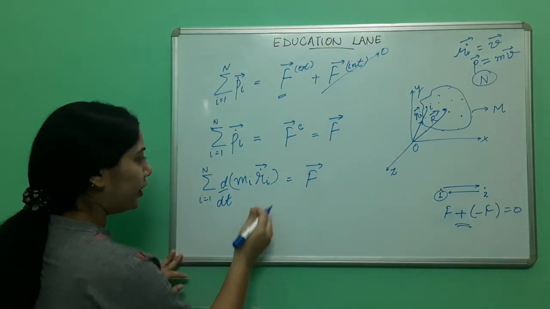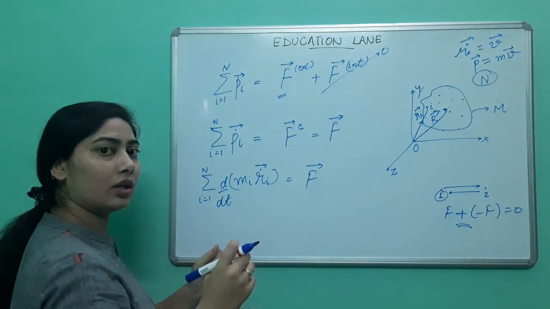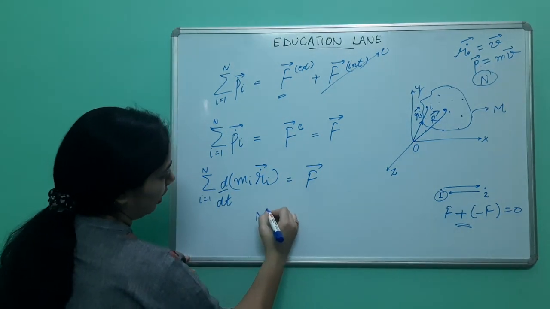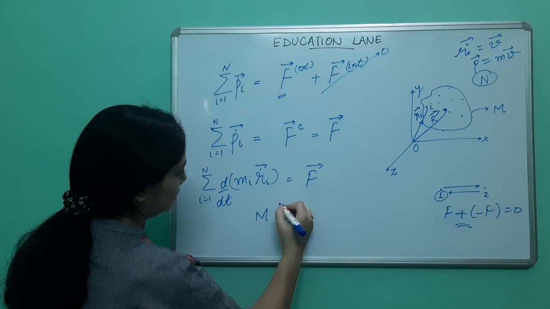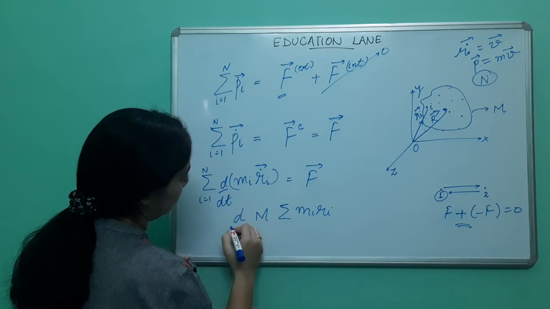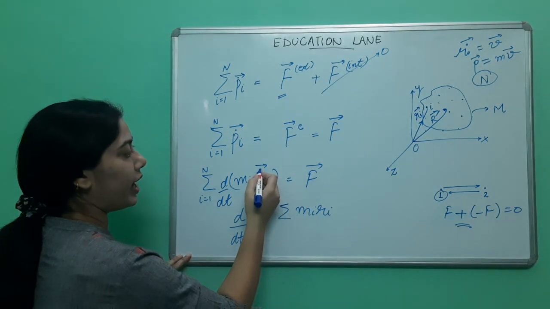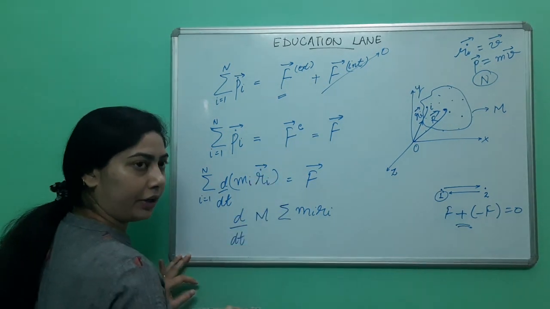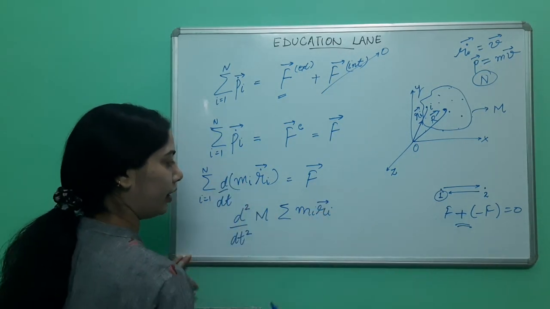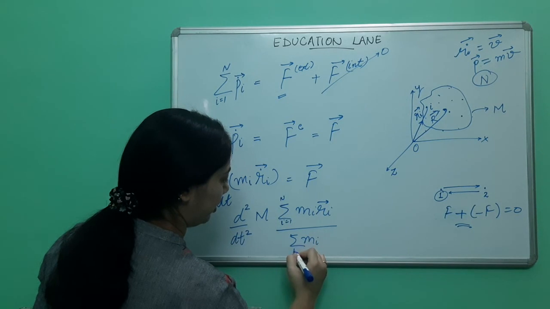Got it? Now multiply and divide by the total mass, the sum of the masses of all the particles. Total mass is M. This is d by dt. If I write r as the position vector, then I can write it as the double derivative of summation m_i r_i, i equal to 1 to n, divided by summation m_i, i equal to 1 to n.